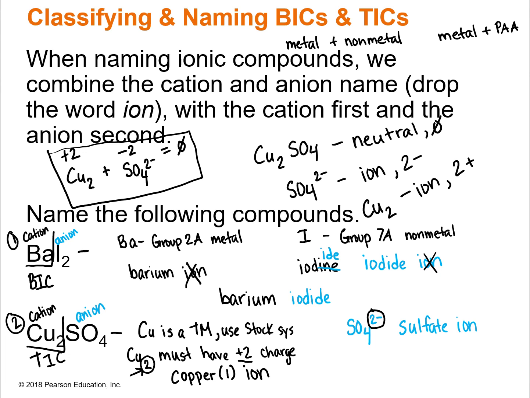Since we know that the copper part, the cation part, has to have a total of positive 2 charge, and we have 2 copper ions, each one of them must have a positive 1 charge. So does that last leap make sense?